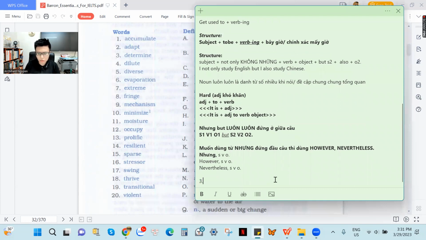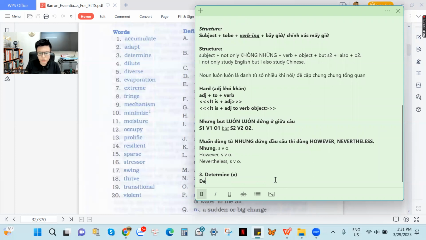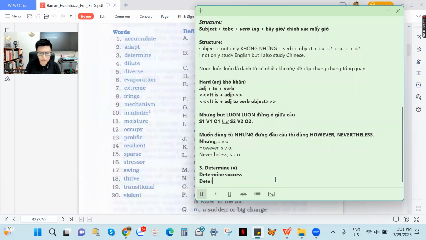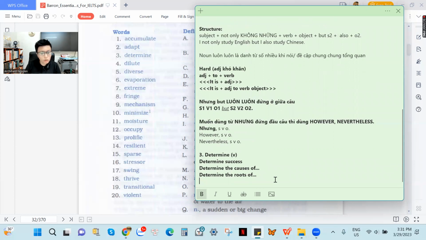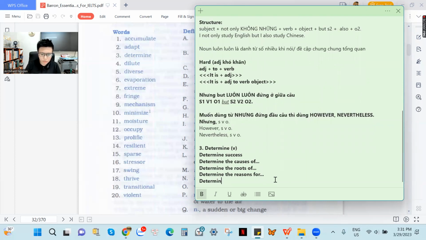Okay, so this is the third word today. It is determine. I can use the word determine like: I determine success, or I determine the process of something, or I determine the rules of something, or I determine the reasons for something, or I determine the consequences for something.